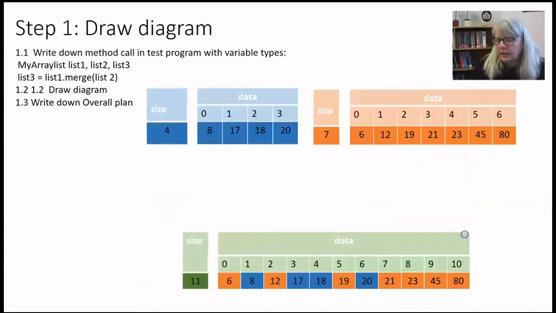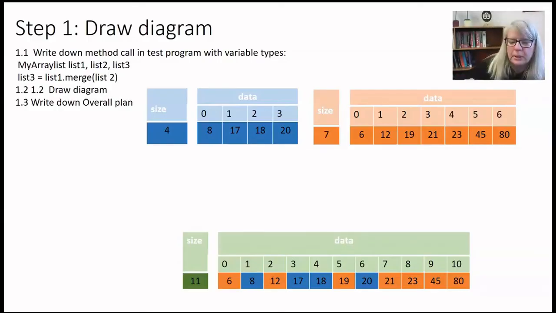Okay, you can do this on your own, but you can look at mine. If you quickly want to pause and draw your own, do so. Remember, whenever you see diagrams like this, this is a simplified version. In session 2, part 1, I showed you the real version, but we are not drawing that every time. What's the first step? Write down the method call in the test program.